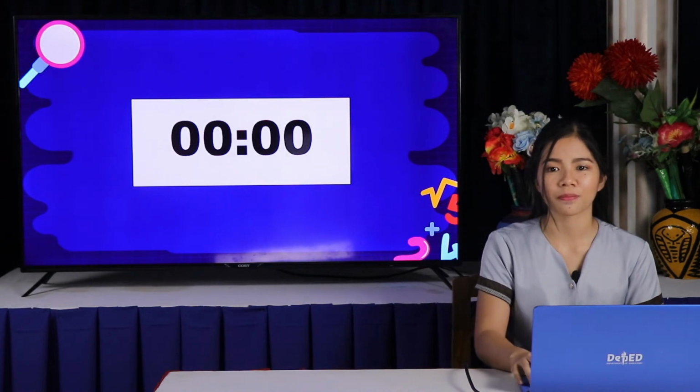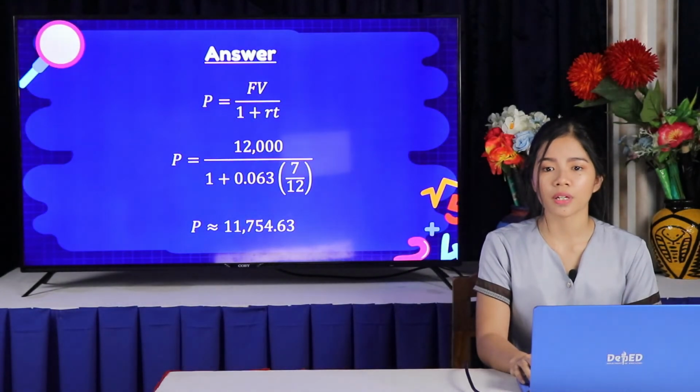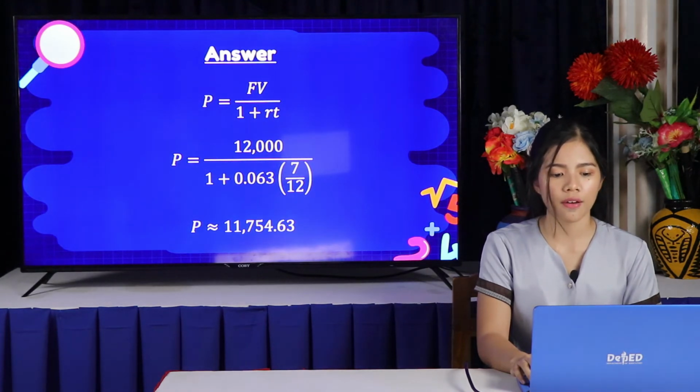30 seconds is up. Let's check your answer to the problem. Recall that the present value formula is P is equal to FV over 1 plus RT. P is equal to 12,000 over 1 plus 0.063 times 7 over 12.